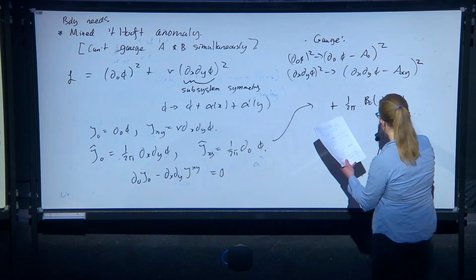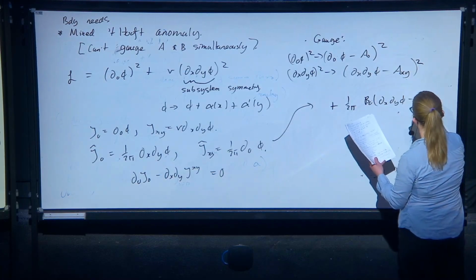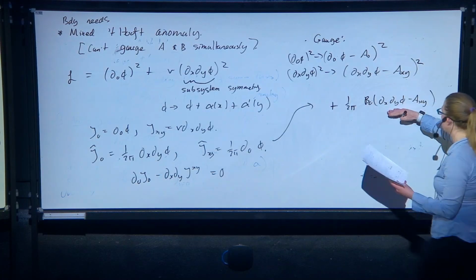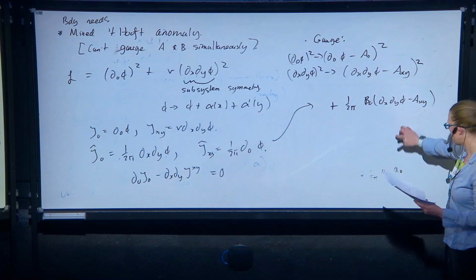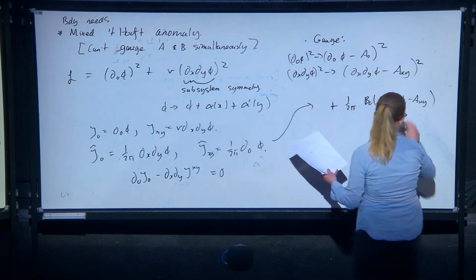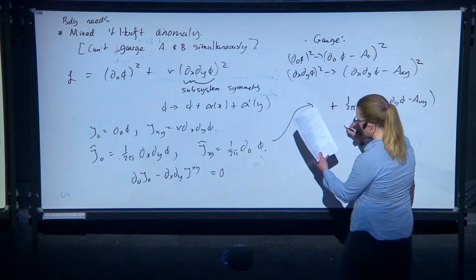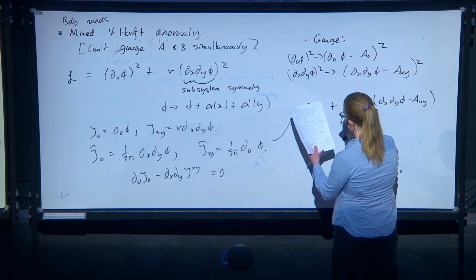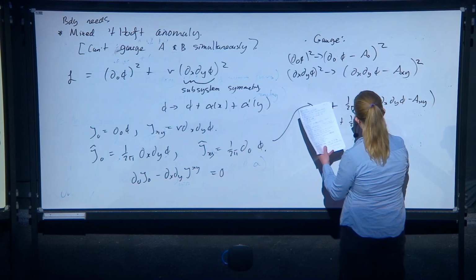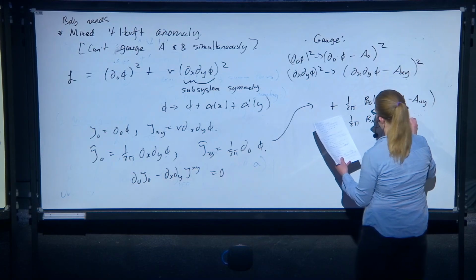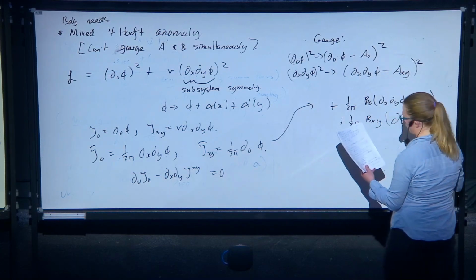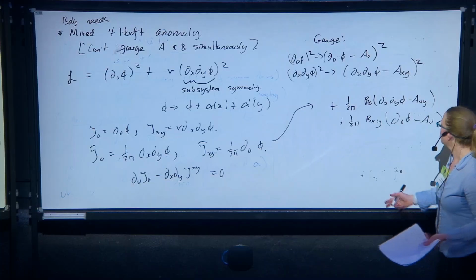So this is B_0 j_0. And here I'm going to choose this to be gauge invariant under, again, the gauge transformations of A. But we'll see that it's not invariant under gauge transformations of B.